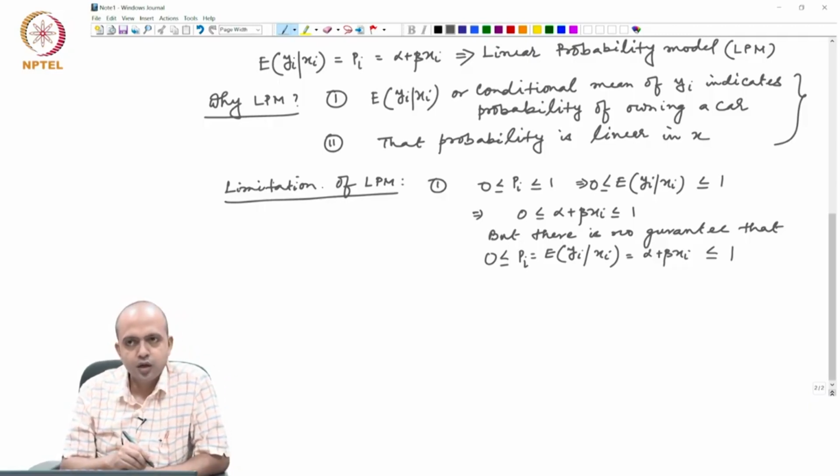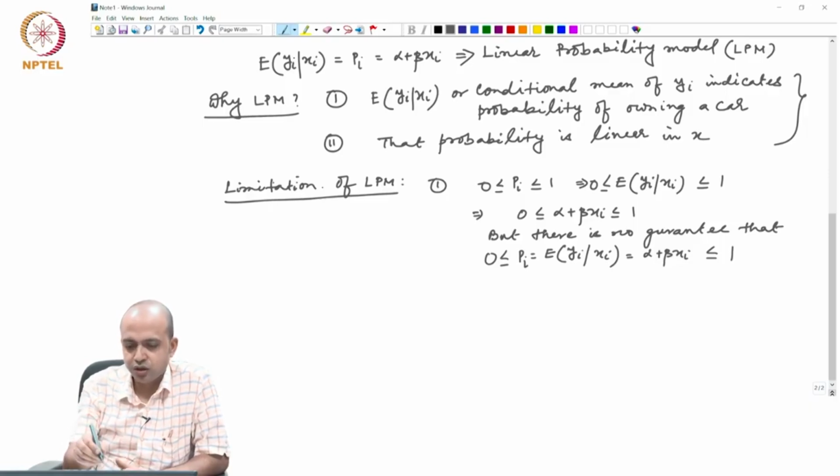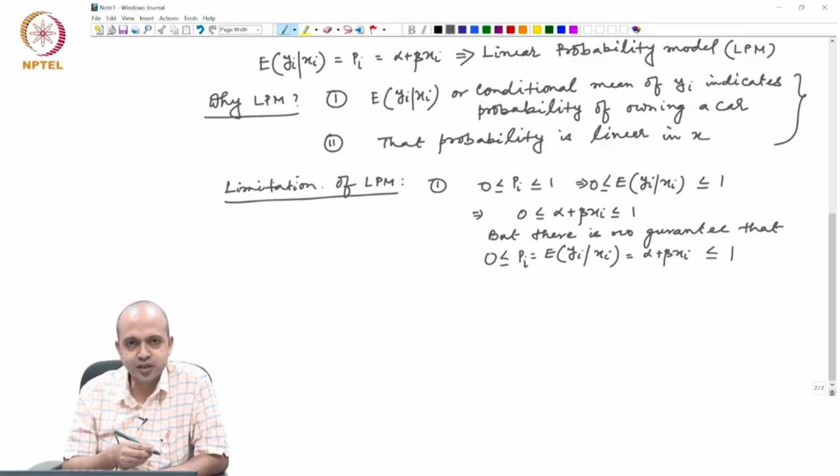Right. And then secondly, can we estimate the model Pi equals to alpha plus beta xi using OLS? Can we estimate the model? Right. When I am saying that the expectation of yi given xi equals to alpha plus beta xi, can we estimate the model using OLS?